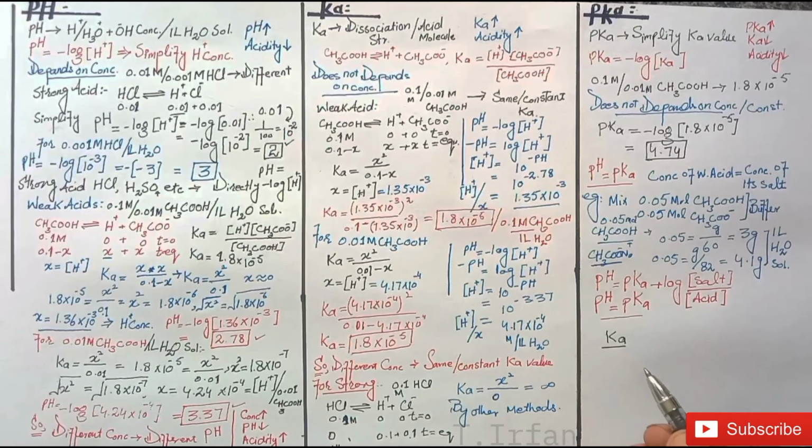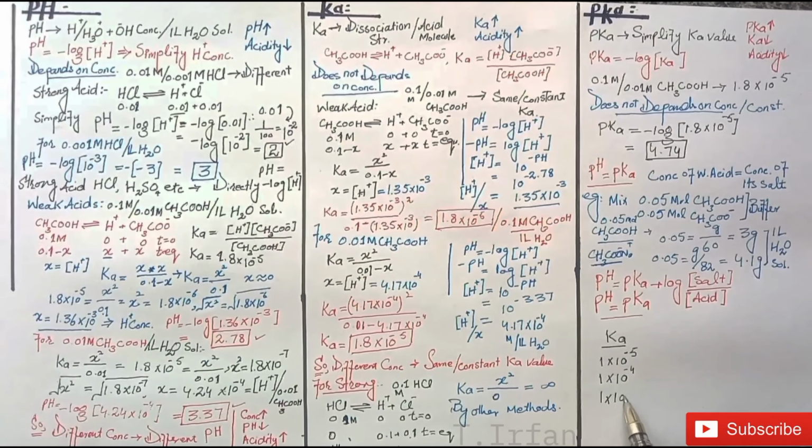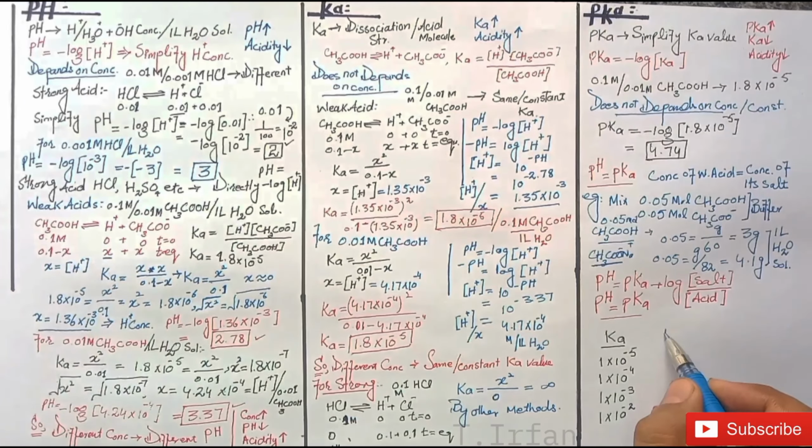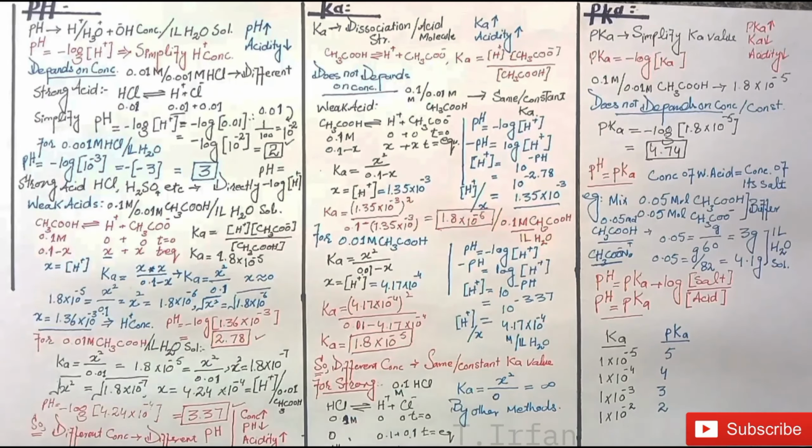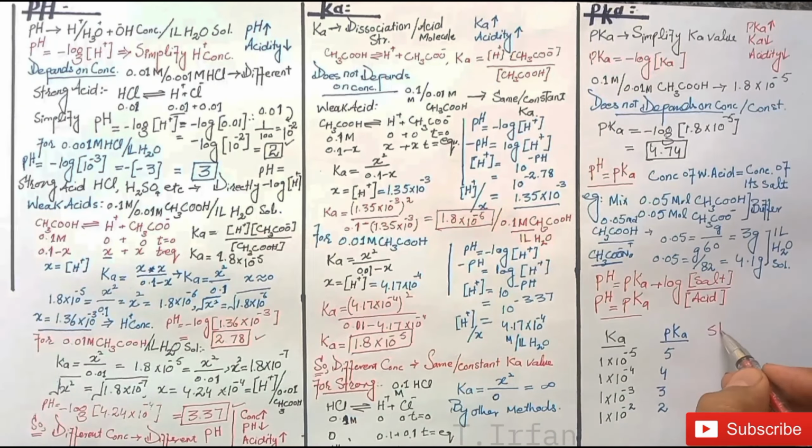Let us compare the strength of different acids by their dissociation constant and pK values. For example, there are 4 acids having Ka values from 10 power minus 5 to minus 2. And their pK values are 5, 4, 3 and 2. Now, the strength of the first acid is moderate.